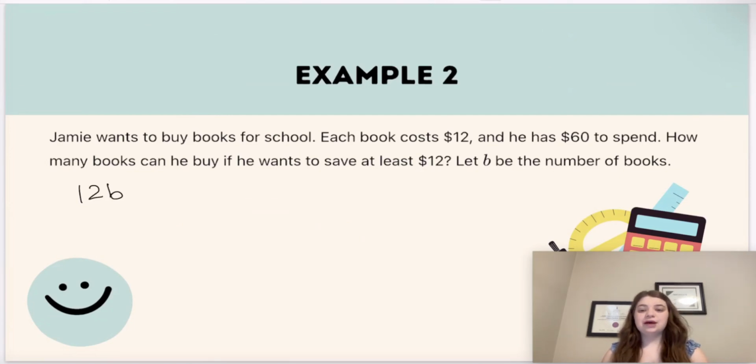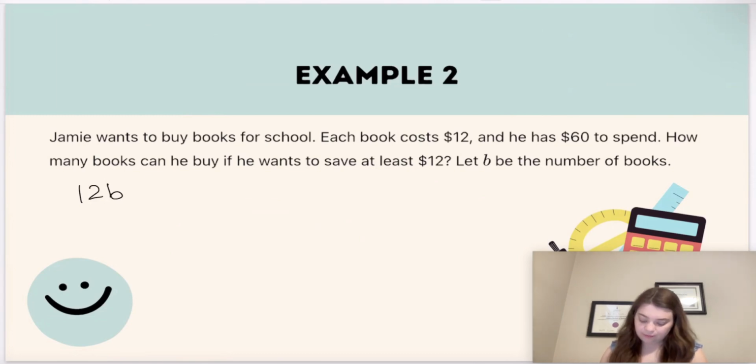In addition to the amount he's spending on the books, he also wants to save $12. And so if he wants to save at least $12 of the $60 that he has to spend, then technically he only really has $48 to spend, right?